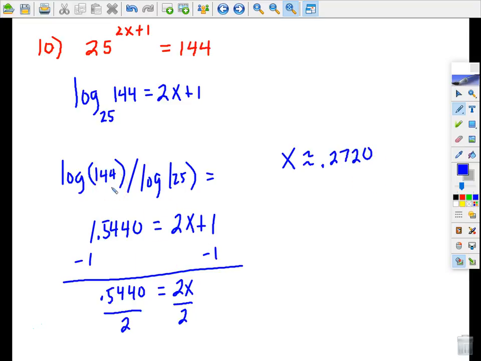And once again, I'm going to go back, and this is probably a better idea if you do log of the top, log 144 divided by log 25. At this point, it's fine with me if you just leave that number in your calculator, that long decimal, go ahead and do minus 1 equals, and then divided by 2.